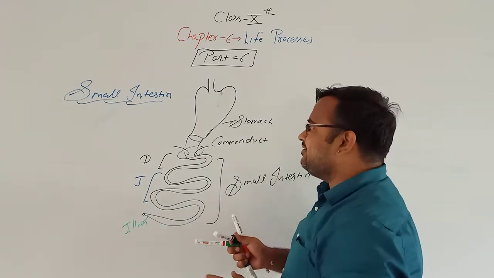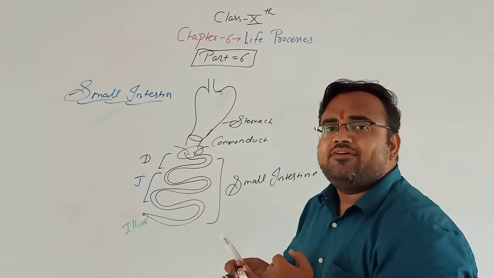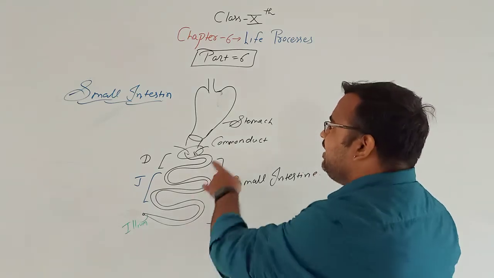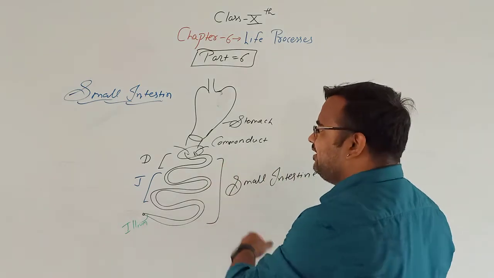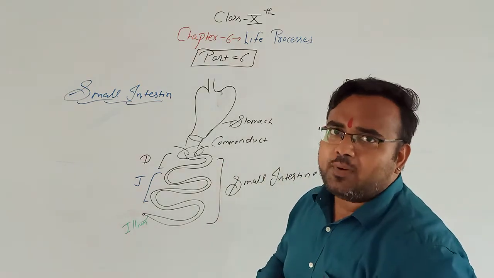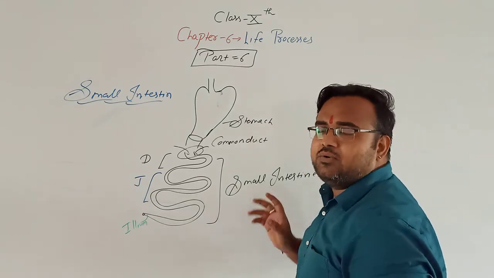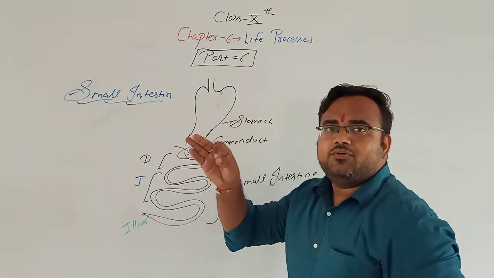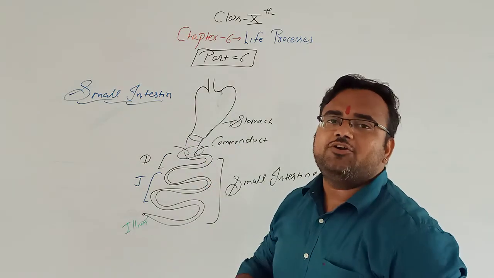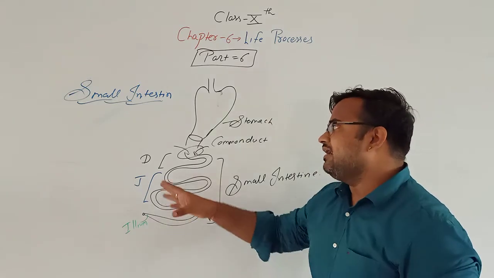Now, when the food enters the small intestine, the bile juice, which is also known as a digestive juice, and the enzymes pancreatic amylase, trypsin, and lipase enter, and most of our food is digested in the small intestine. An MCQ-like question could be: in which part of the alimentary canal does most of the digestion occur?